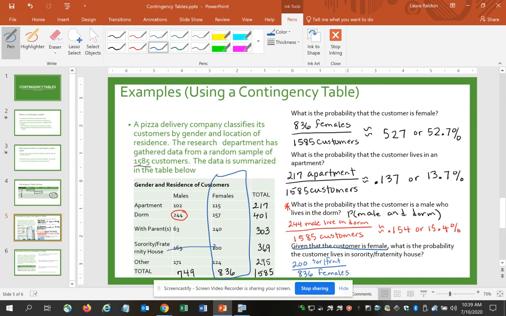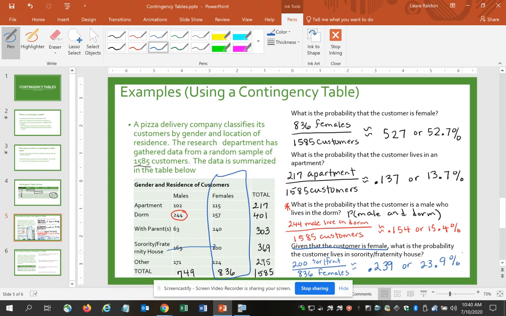I limit it to the females because I know that the customer was a female because they told me that. We set that limitation. So we have 200 over 836. Again, you can do the division. 200 divided by 836 comes out to be approximately 0.239 or 23.9%.